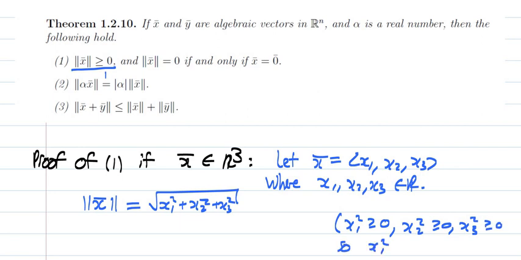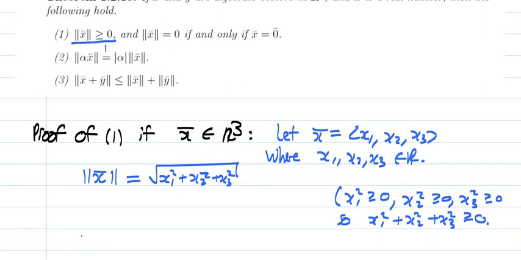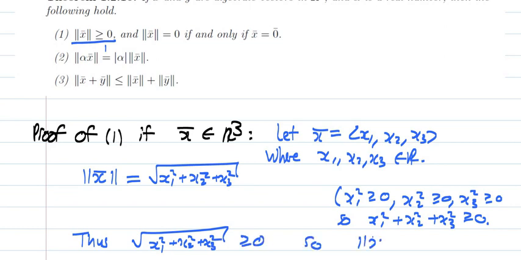So x1 squared plus x2 squared plus x3 squared is greater or equal to 0. And so thus the square root of x1 squared plus x2 squared plus x3 squared is greater or equal to 0. So the norm of x is greater or equal to 0. All right, so we've done the first part. That the norm of any 3D vector is non-negative, or positive.